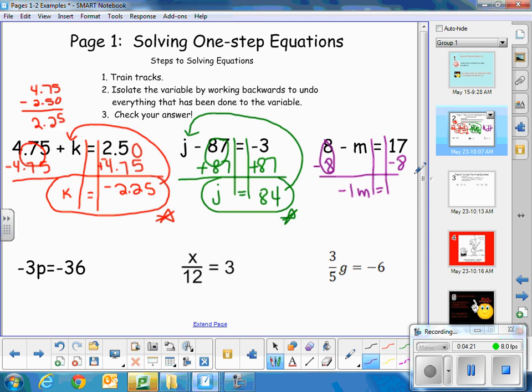And on the other side, 17 take away 8 is 9. Now at this point, you think you're done, but you're not quite because it's a negative m, and we want to know what m is. So you'll either want to multiply both sides by a negative 1 or divide both sides by a negative 1 to get rid of that negative in front of the variable. And you end up with m equals negative 9.